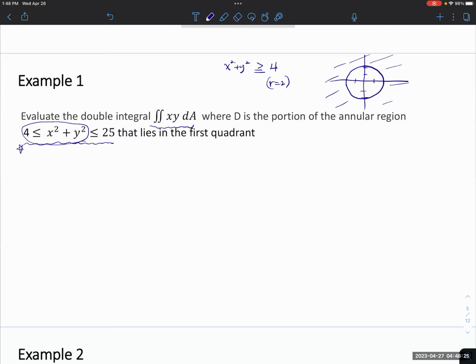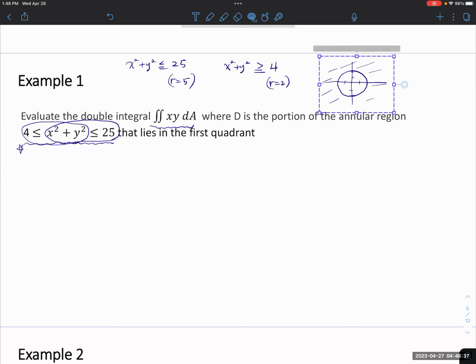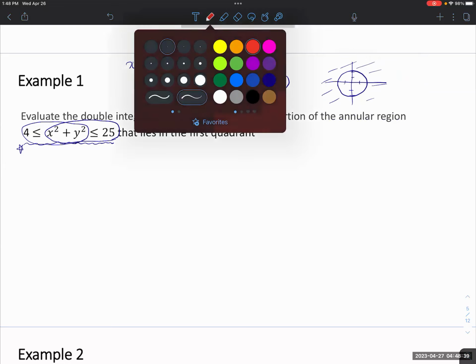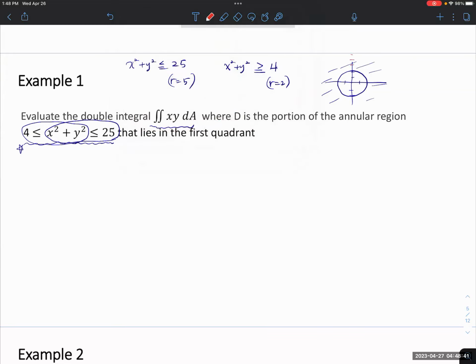And the second equation, what do you see? On the other side, I have x squared plus y squared is less than 25. In this case, the radius is 5. So I'm going to keep drawing here. It should be larger: 3, 4, 5. So this is the circle, and they say less than, so inside.